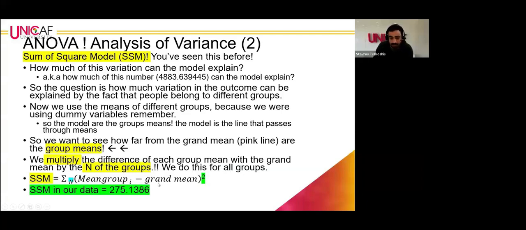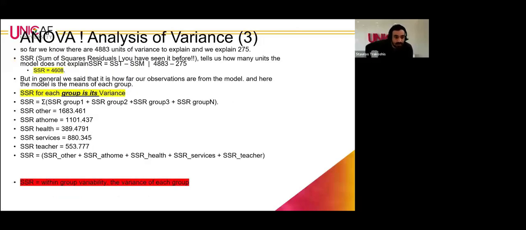I square that, multiply by the number of participants in the group, and when I do this for all groups, I sum it up. In our data, the sum of square model is 275.1. So far, we know that there are 4,883 units of variance to explain, and we explain only 275.